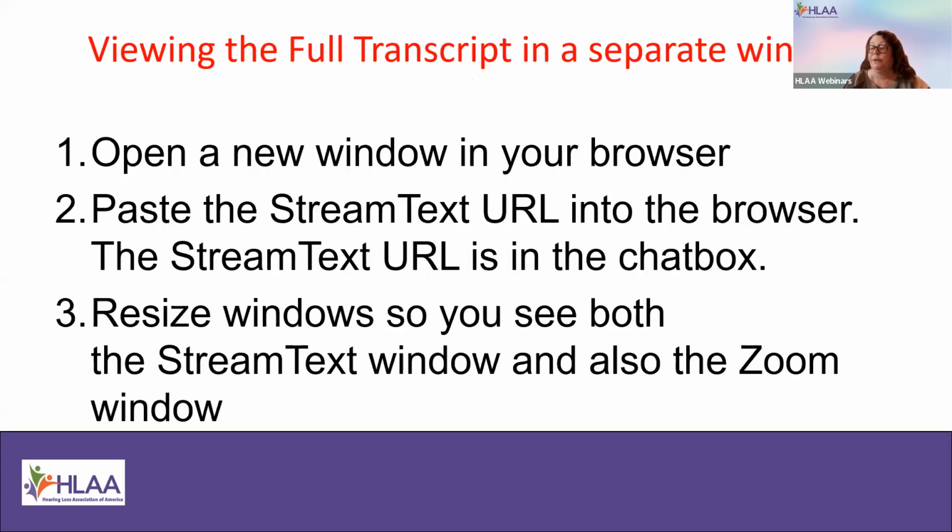To view a full transcript in a separate window, you're going to open a new window in your browser. You're going to paste the stream text URL into the browser. The stream text URL is in the chat box. And then you're going to resize your window so you see both the stream text window and also the Zoom window.